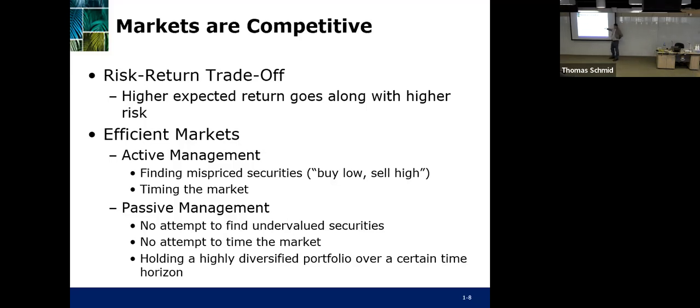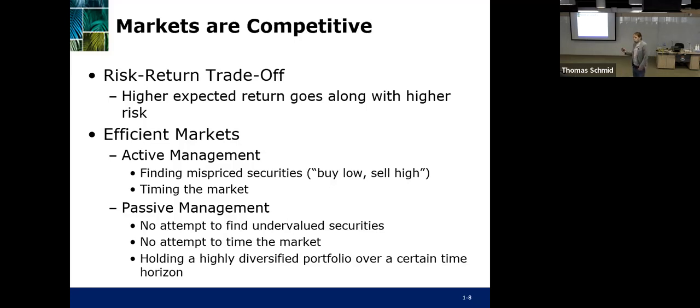All these active management strategies rely on the assumption that markets are not fully efficient. If markets are fully efficient, that means that all the information that is available is already included in the prices. Meaning that all that you can rationally expect about the unemployment data is already included in the price.